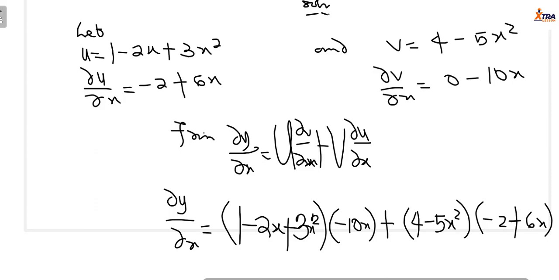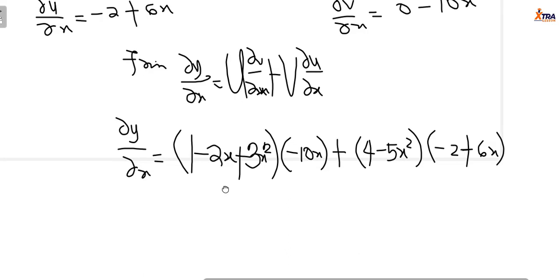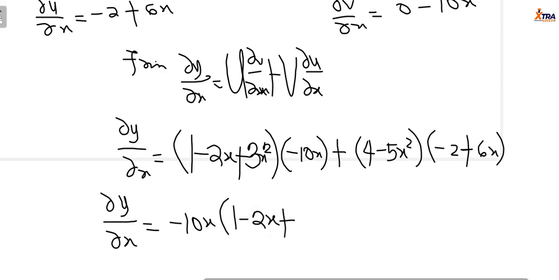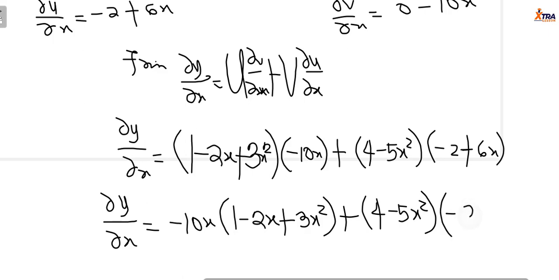So let's see how we can simplify this further. So now we have dy over dx equals to, I have minus 10x, let me bring it forward, into brackets 1 minus 2x plus 3x squared, plus 4 minus 5x squared into brackets minus 2 plus 6x.